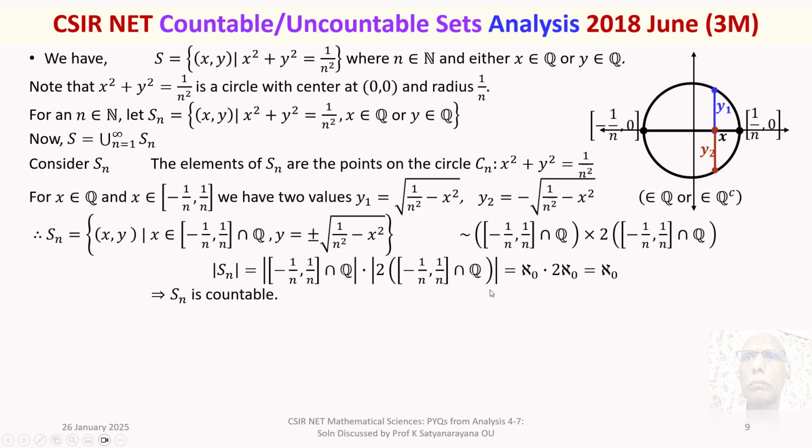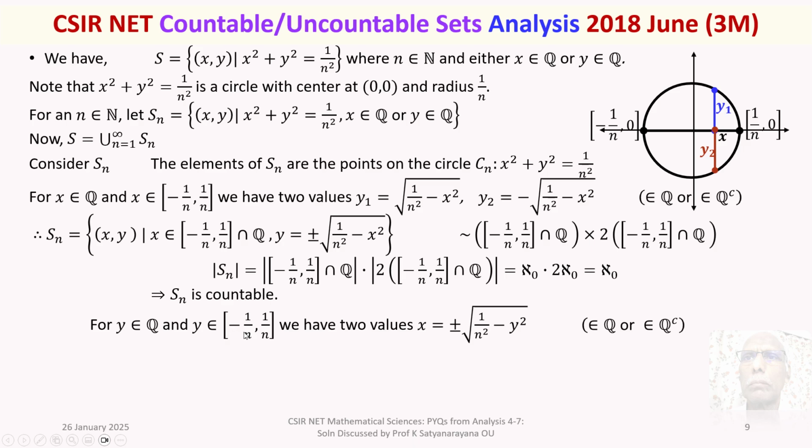So arguing in a similar way, for y belongs to Q and y belongs to -1/n to +1/n, that is on the y-axis, for all those rational numbers we have two values x equal to plus or minus the square root of 1/n squared minus y squared. This type x1 and this type x2. Right. So arguing as above, the order of Sn will again be countable.